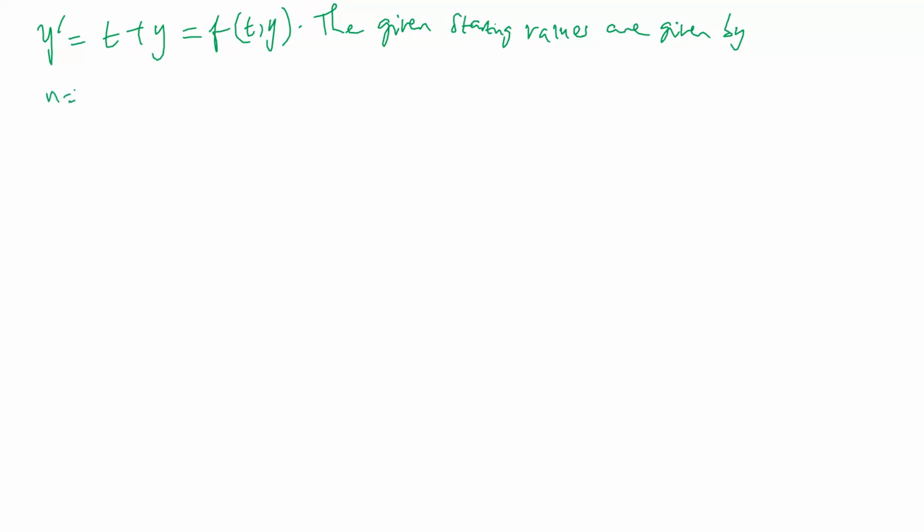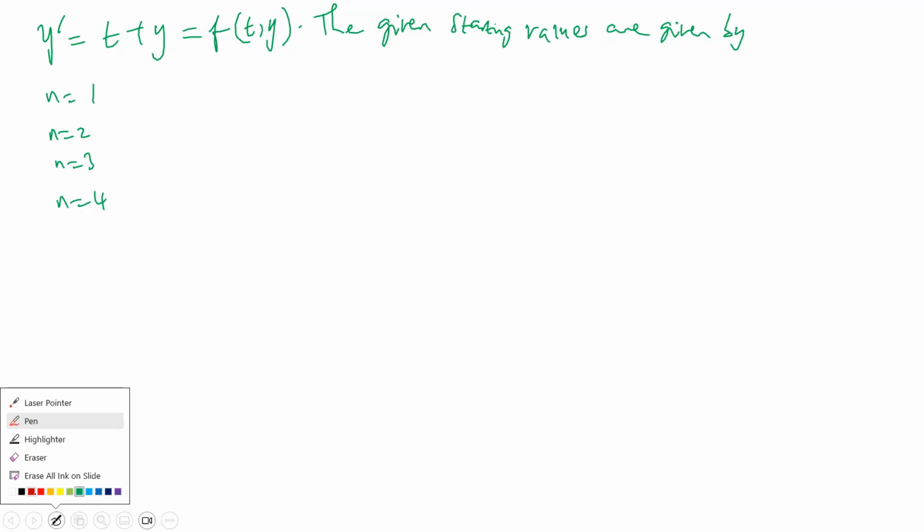So we draw this table. Right, so we start with n equals 1, n equals 2, n equals 3, n equals 4.